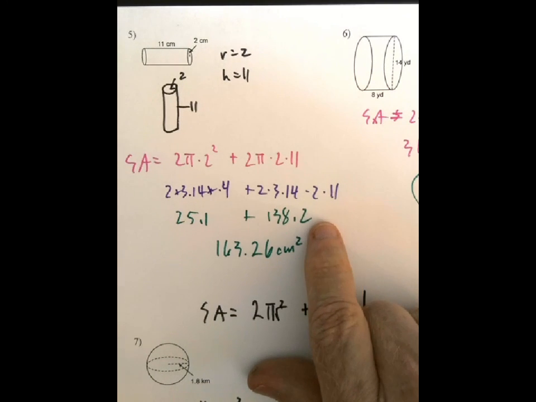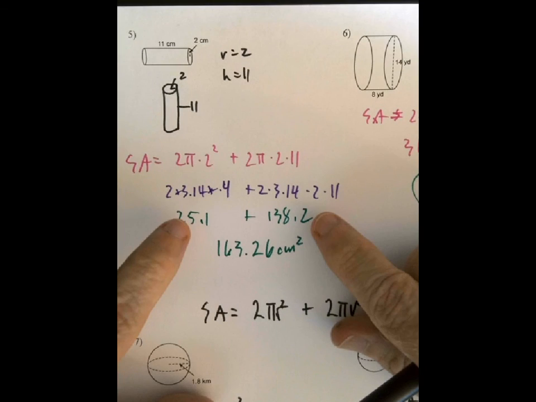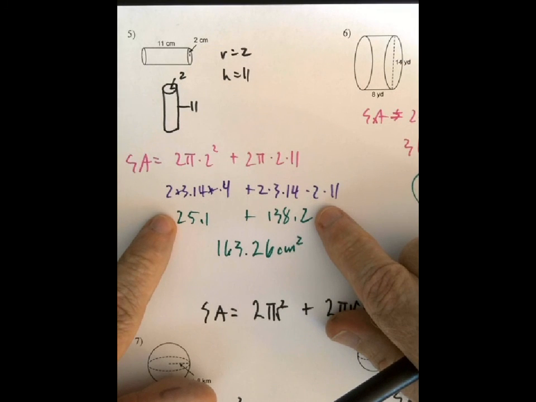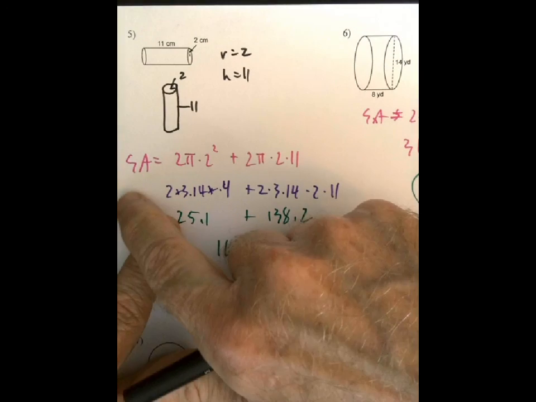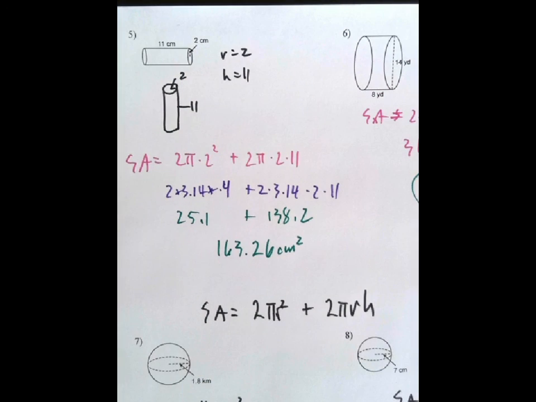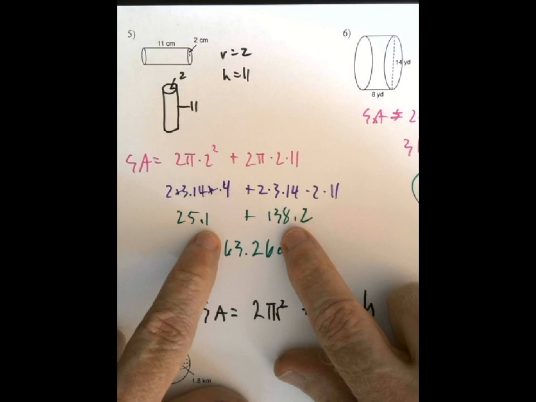That multiplies out to give us 138.2, again after rounding off to the tenth place. And notice I did those two parts separately and then wrote them down, because if you just type it in all at one time, the calculator might get confused about the order of operations and not give you the right thing. So it's better to do these two parts separately and then write their answers down.